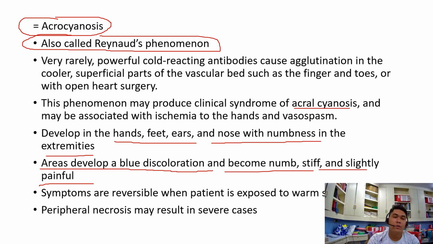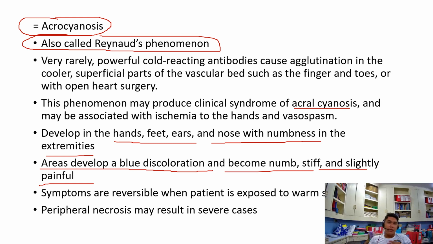Okay? So in acrocyanosis or Raynaud's phenomenon, you have blue discoloration in your fingers, and it can also be in the ears. It's because of the reaction of your cold agglutinin, and you can easily reverse that by transferring from cold temperature to warm temperature. Okay?